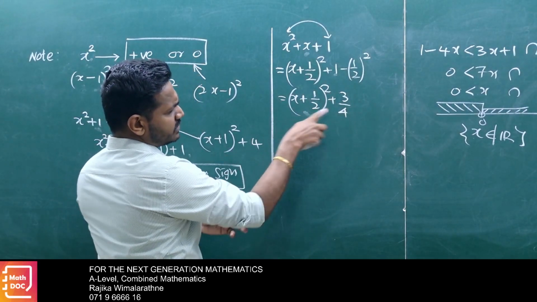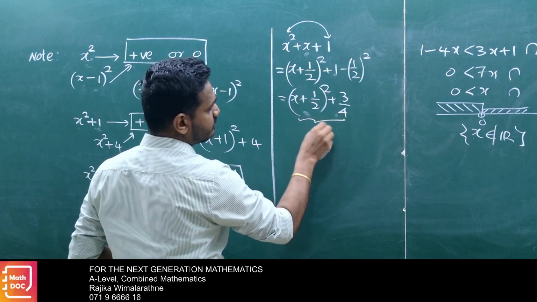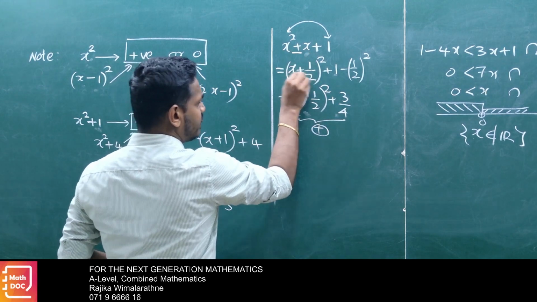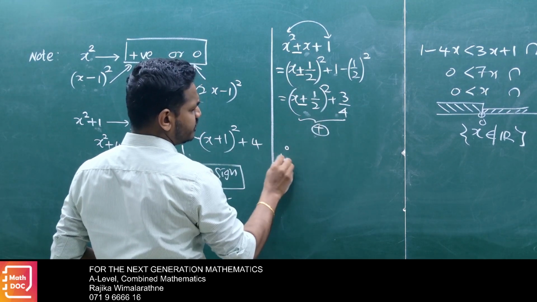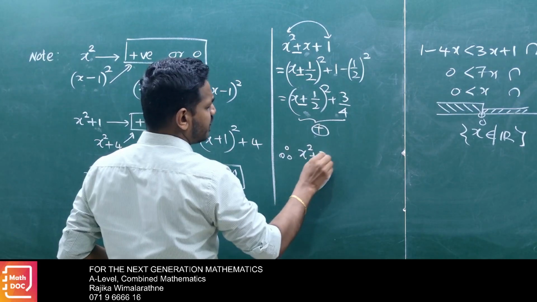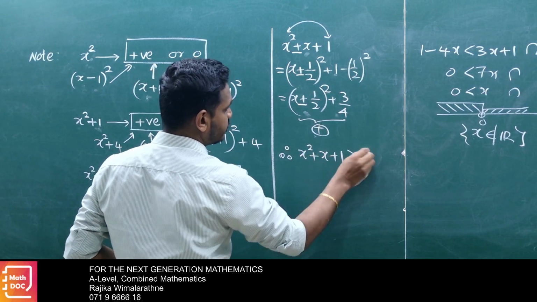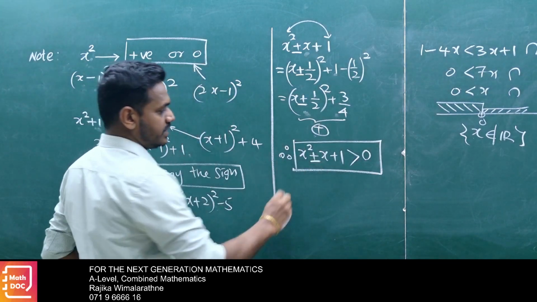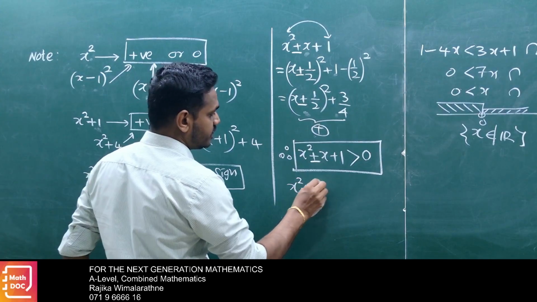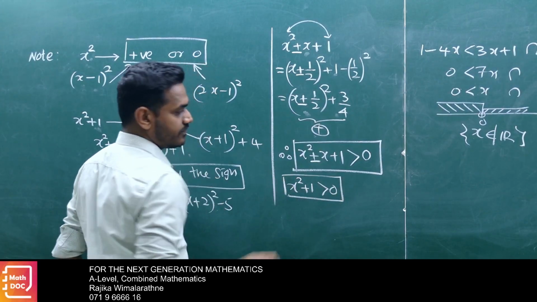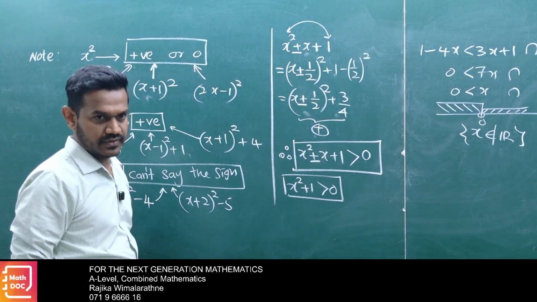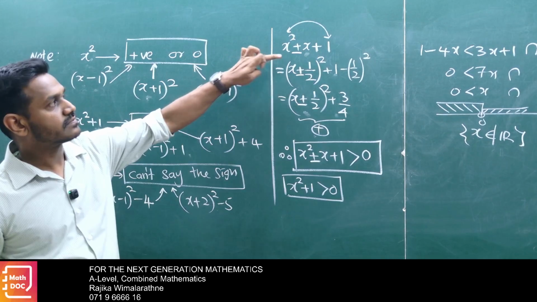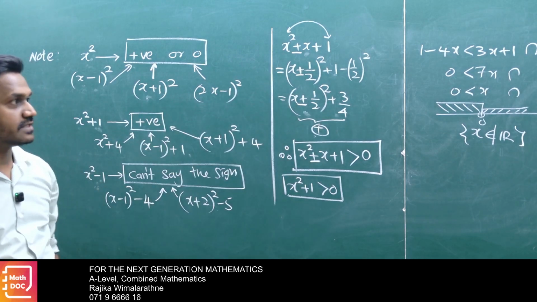Here positive plus value, then surely positive. Therefore, you remember x squared plus x plus 1 is surely positive. X squared minus x plus 1 is positive. These relations are very important. Then x squared plus 1 is positive. Better to note them. Directly remember those relations.